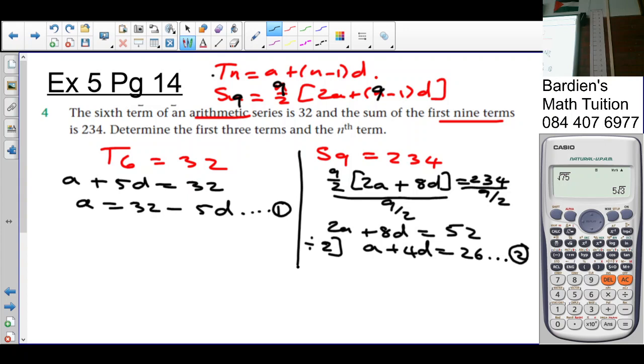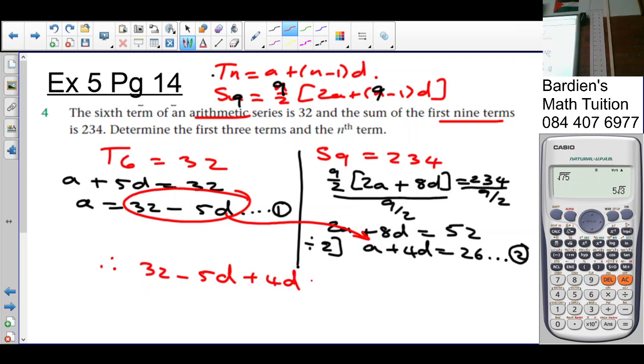Okay. What do I do now? I'm going to substitute the A. Substitute equation 1 into equation 2. So what would that now be? Therefore, 32 minus 5D plus 4D equals 26.